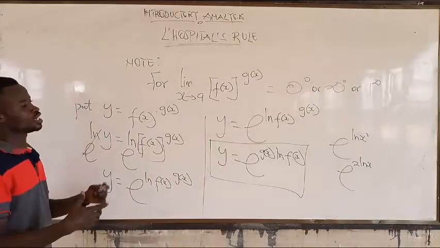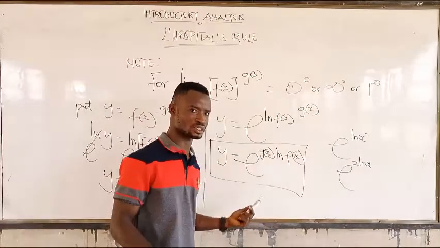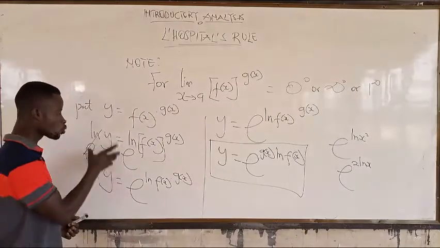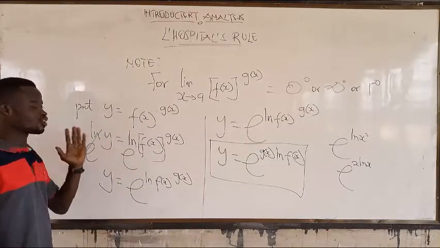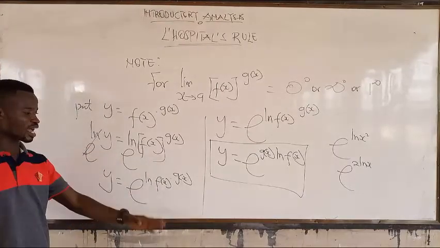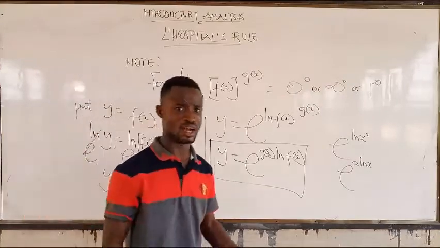In fact, if I were you, I'd be confused to choose this. So what I'll do is go through the steps: put y equal to this, take ln of both sides, you know that this is the same as this, then you go your way. I hope it's not difficult.